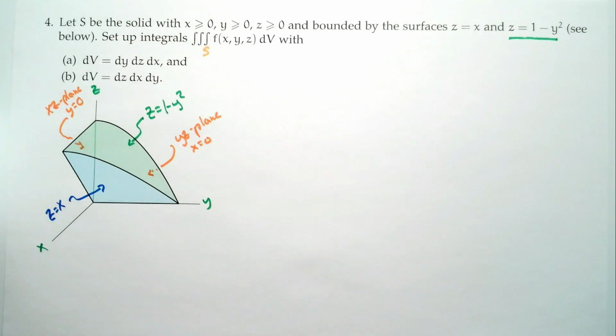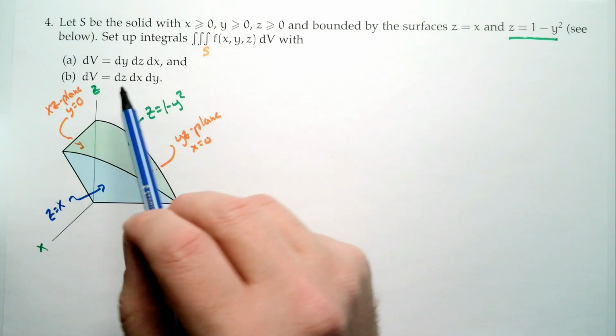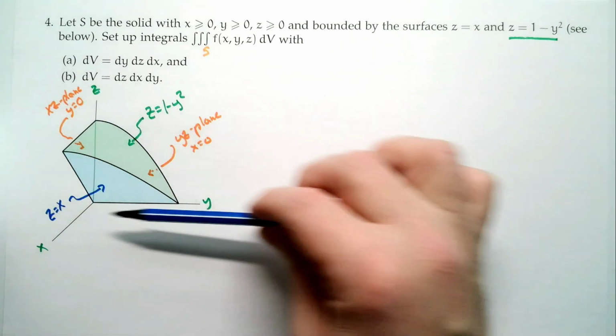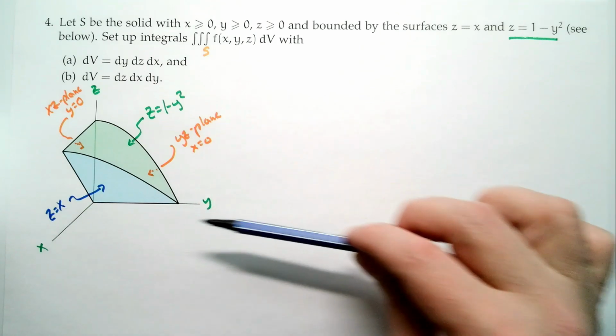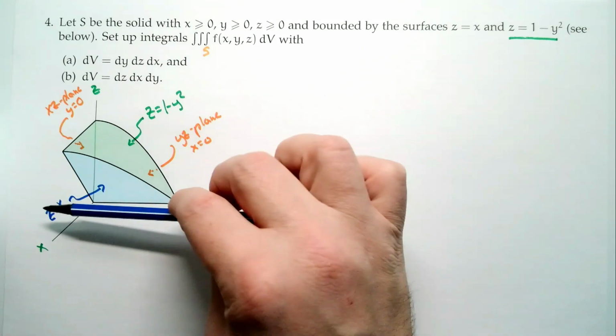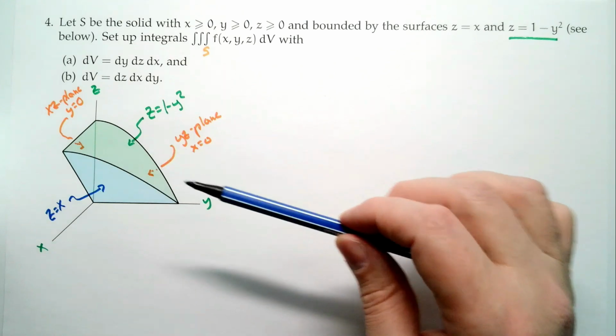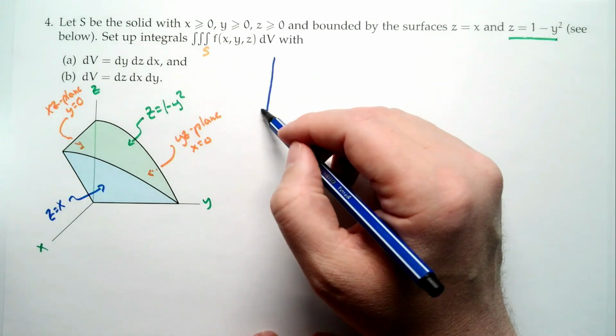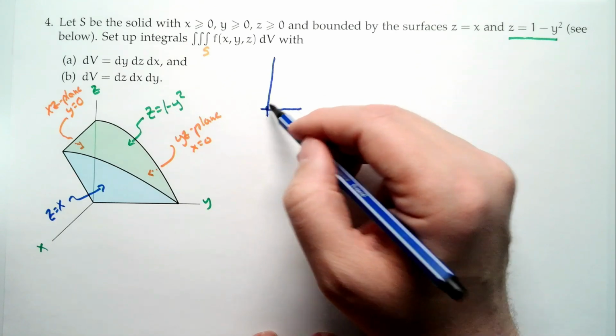That's just my preference. Some people like to do surfaces first. So let's suppose I'm working on part A. I'm going to look down the y-axis. So as I stare down the y-axis, what do I see? Well, I don't see the y-axis anymore. It's just going to become a single point.